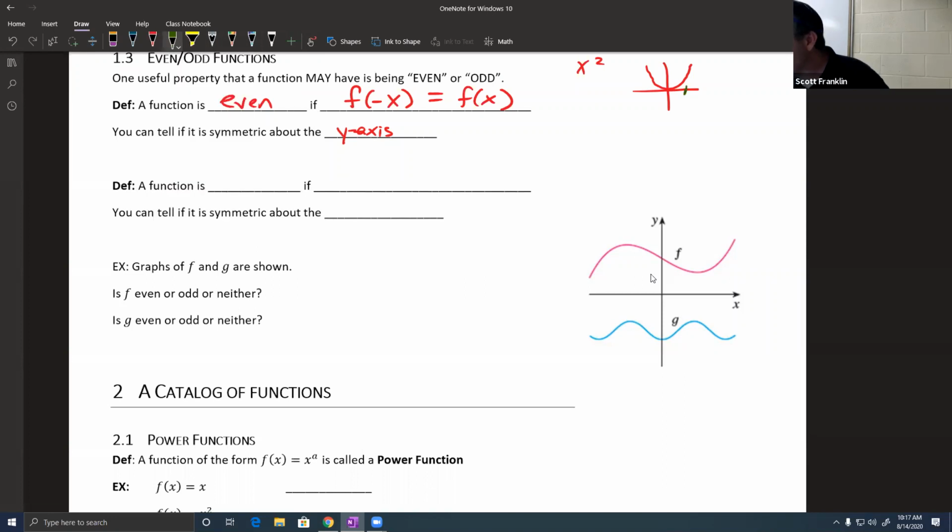Say this value right here is x, this value right here would be -x, the same distance away. They have the same height, right? That makes it even, and that's true for everything. So you can tell something is even if it's symmetric about the y-axis, if it's a mirror image across there, okay? Other functions like, say, x cubed.